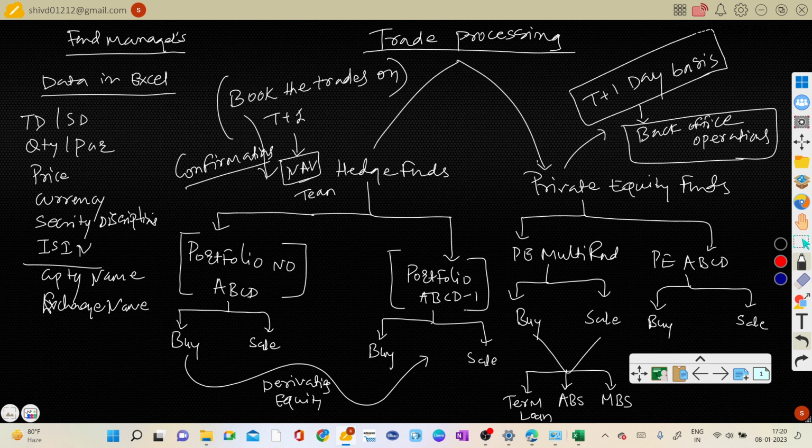So it's your responsibility to check that portfolio, because in the Excel sheet we receive the fund number as well. So fund managers have processed the securities under this fund or that fund or XYZ fund, right? So we receive that. It's not a difficult task.